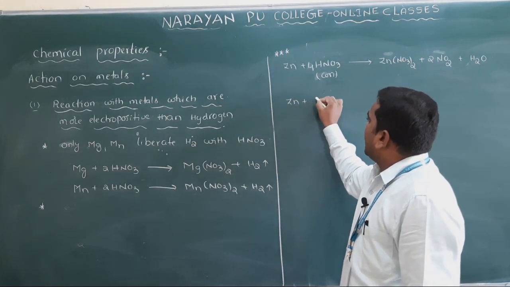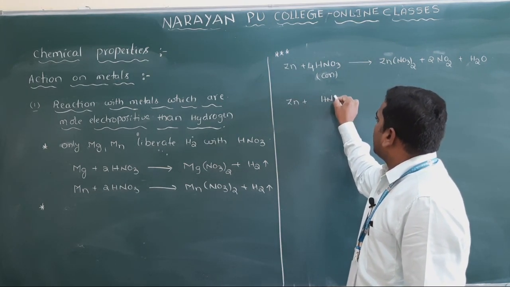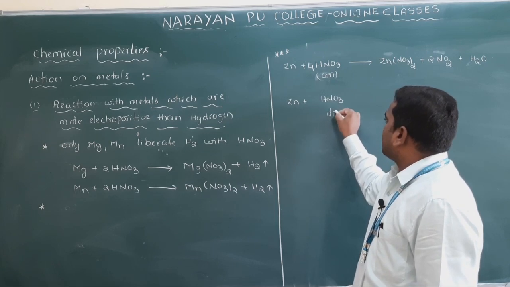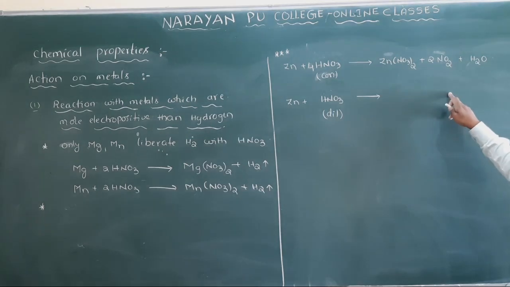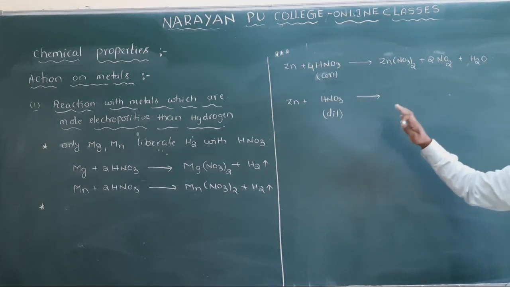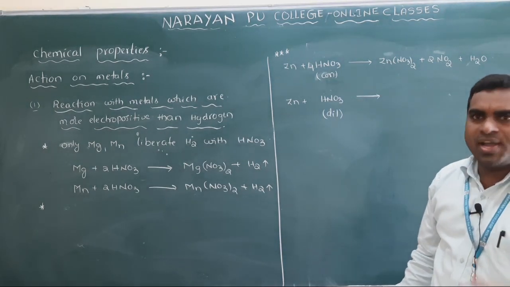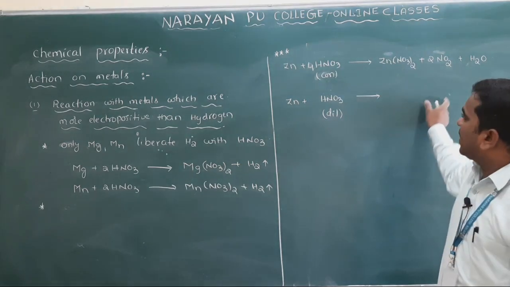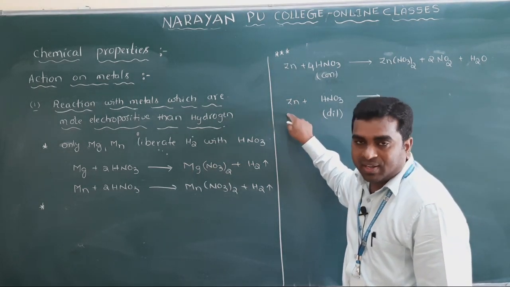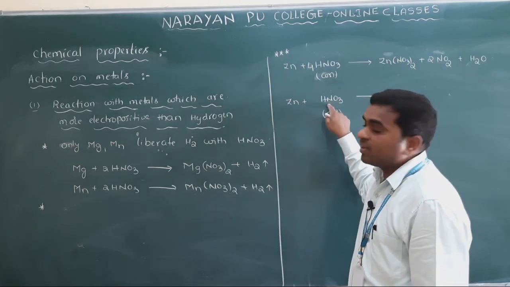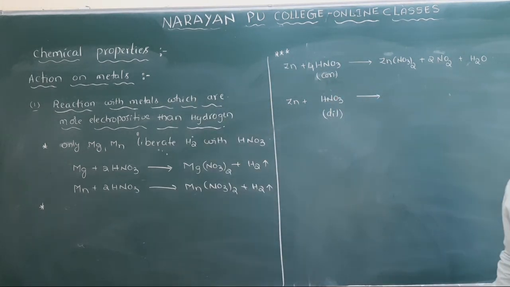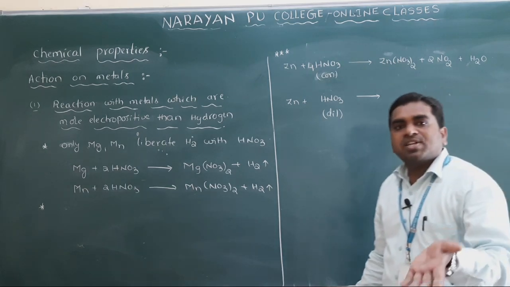And with dilute HNO3, this is important. Till now we discussed concentrated HNO3, which gives NO2, but with dilute HNO3 you will get a different compound. That's why I said the product you get depends upon the nature of the metal and the concentration of HNO3, whether we are taking dilute or concentrated, and it also depends upon the temperature.